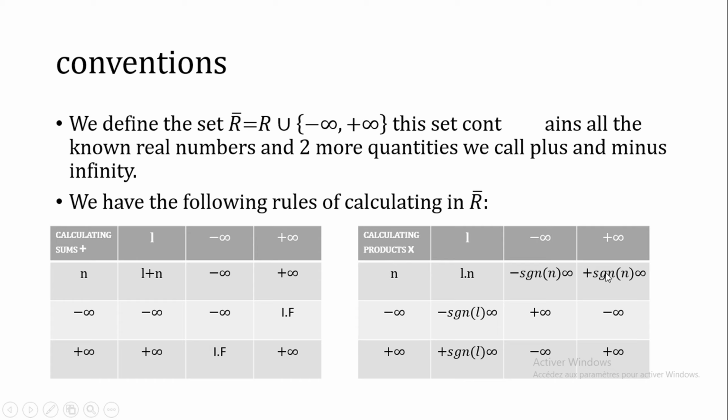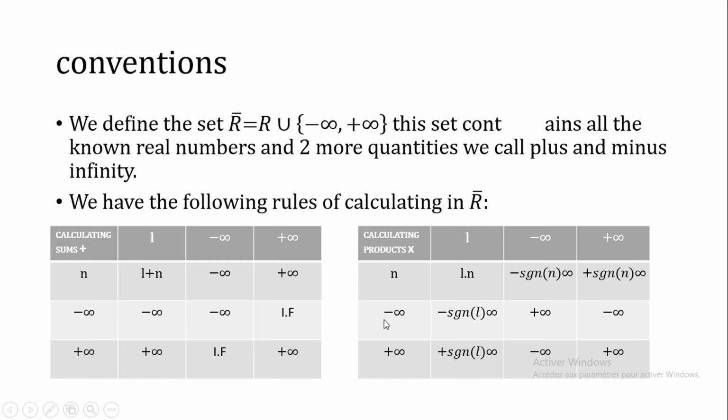The same goes with plus infinity. N times plus infinity gives us plus the sign of n times infinity. So if n is positive, we're gonna just get plus infinity. If n is negative, we're gonna get minus infinity.